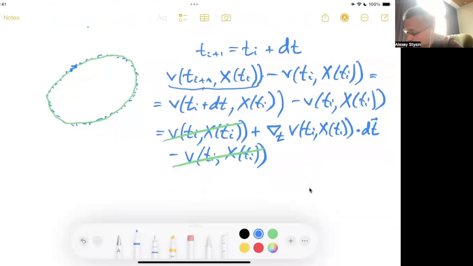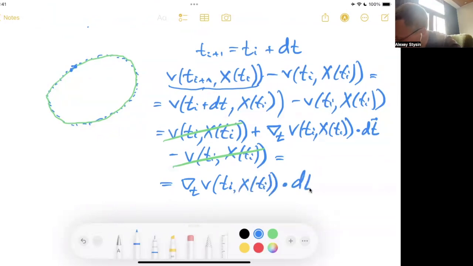So we end up with this first order approximation for this difference, this weight of the step. This is what used to be the weight in our directed acyclic graph. Here it is the gradient at t_i and x of t_i times this very small increment vector dt.